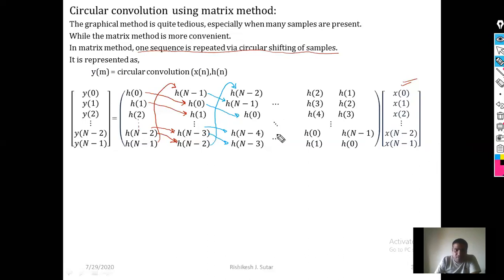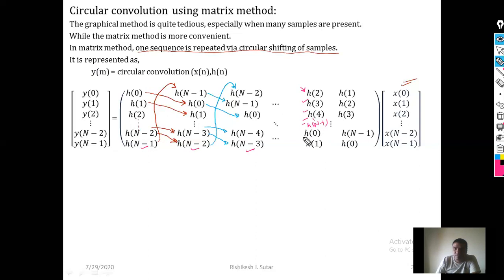Similarly, you can do the same thing. We can see here h of n minus 1, h of n minus 2, h of n minus 3, h of n minus 4, h of n minus 5, and so on. At the end, let us say here I will get h of 2. Then you can go on increasing: h of 3, h of 4, h of 5, h of 6. Like this, here would be h of n minus 1.